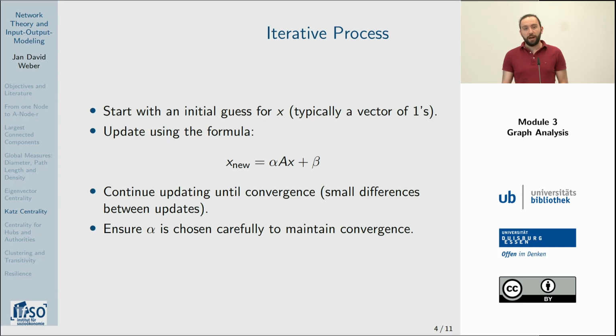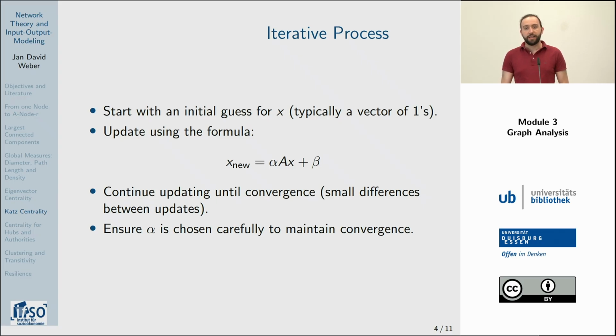And we continue to update this until x new, the new vector here, does not change really. So small updates are fine. Your computer program will probably stop somewhere at 64 digits or something like that when that doesn't change anymore.